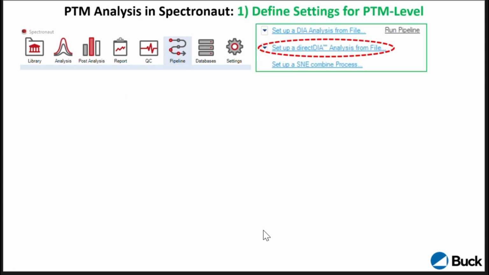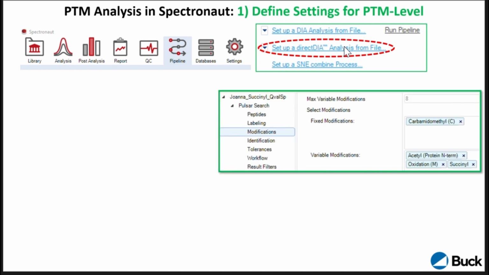And really, what I'm showing you first is how you can set up the data-independent analysis with your files. It's actually very convenient. You can just choose, I have modifications. If you don't choose modifications, well, you don't have to look at the PTMs. It's a choice.